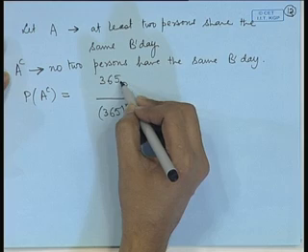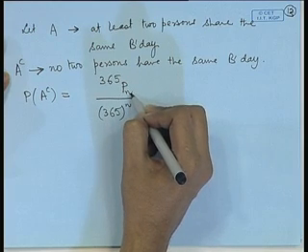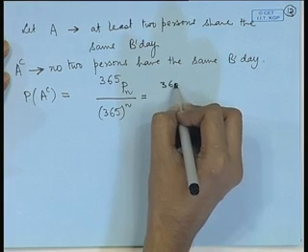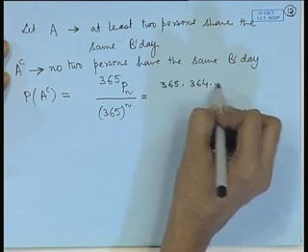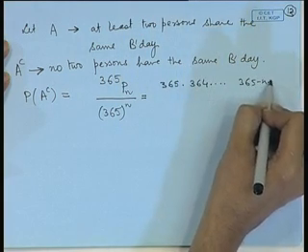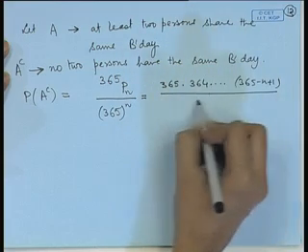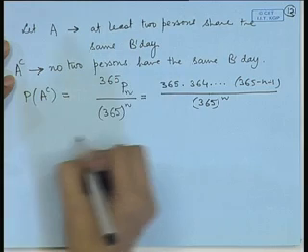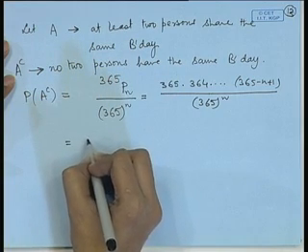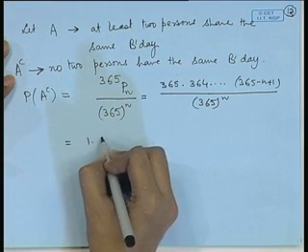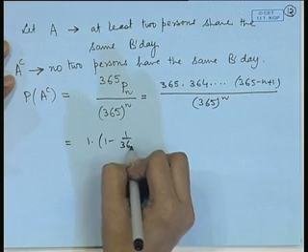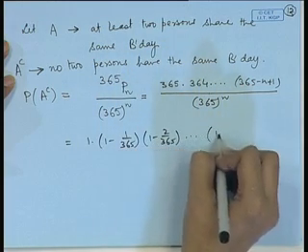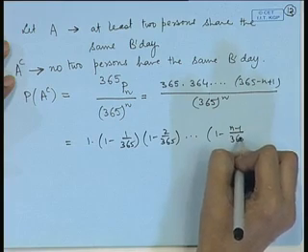So it is nothing but the number of permutations taking n at a time from 365, that is equal to 365 into 364 up to 365 minus n plus 1, divided by 365 to the power n, which we may write as a way of representation as (1 minus 1/365)(1 minus 2/365) and so on up to (1 minus (n minus 1)/365).